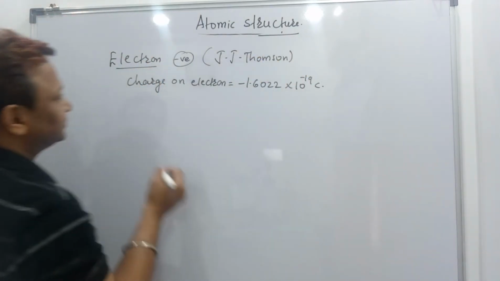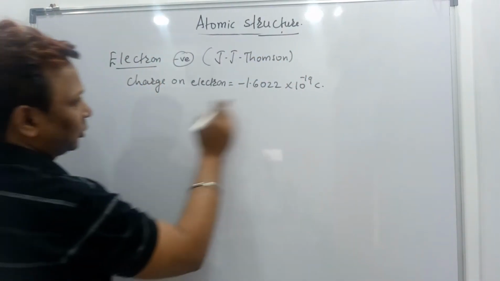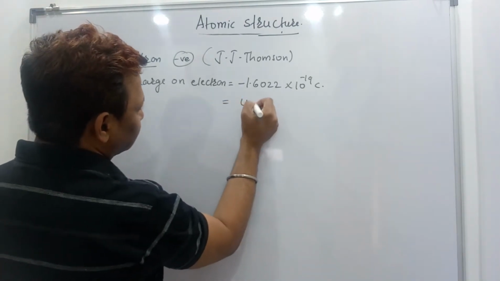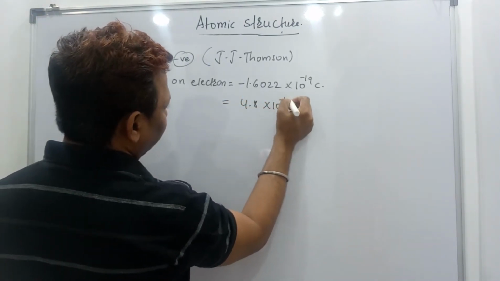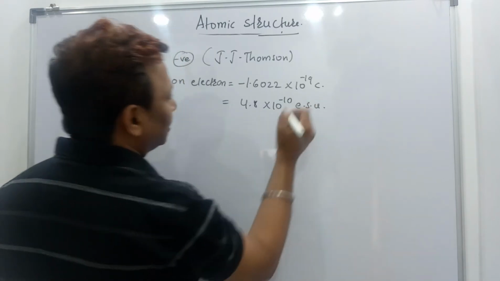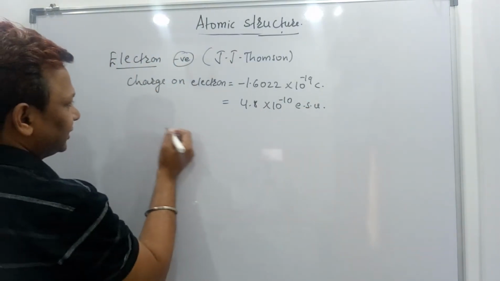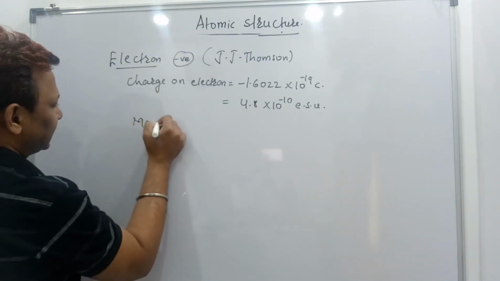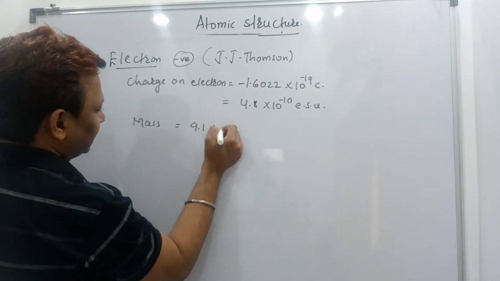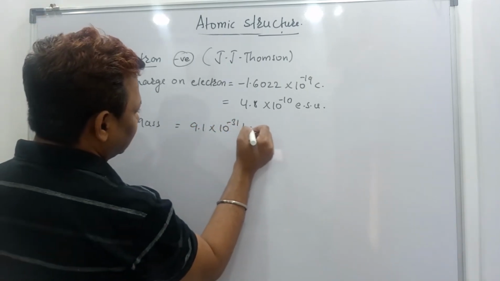The charge on the electron can also be taken as 4.8 into 10 to the power of minus 10 ESU, electrostatic unit. The mass of the electron is 9.1 into 10 to the power of minus 31 kg.